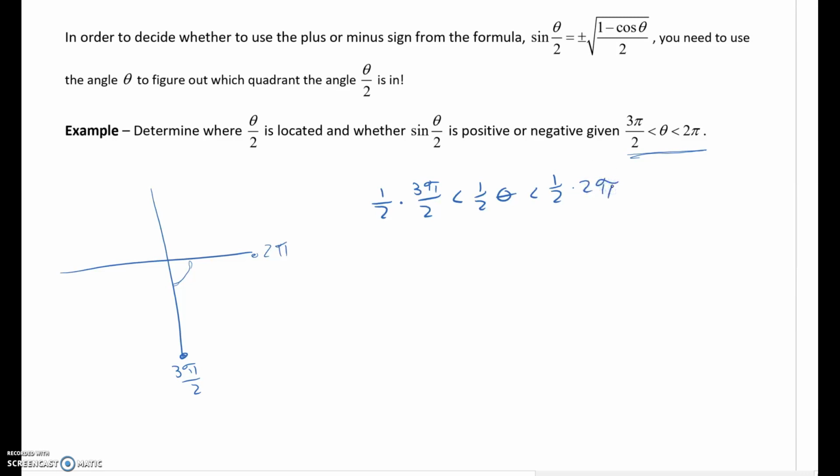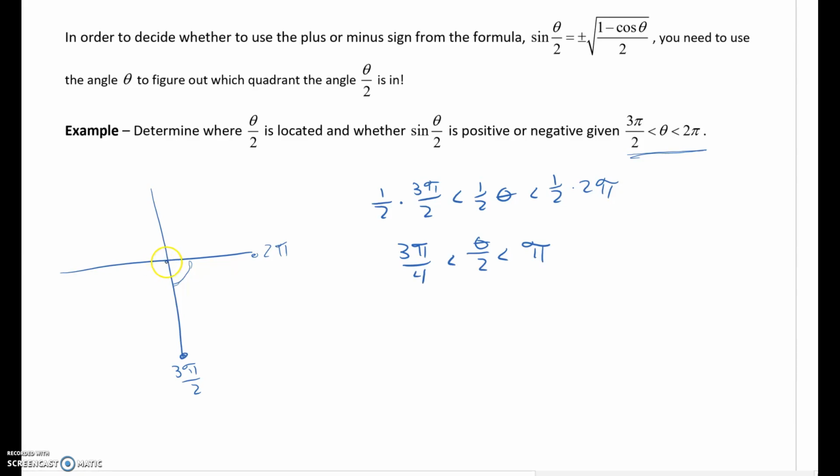So I multiply my restrictions by a half to figure out where that is. So I have 3 pi over 4 is less than theta over 2, which is less than pi. So my new angle is between 3 pi over 4 and pi.